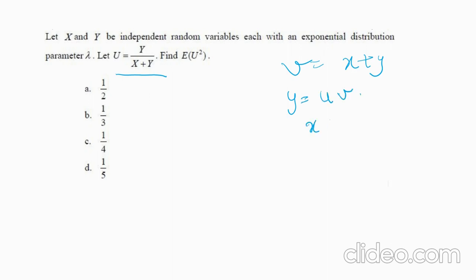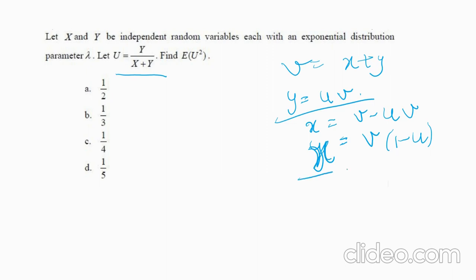So x is equal to v minus uv, which will be v times 1 minus u.